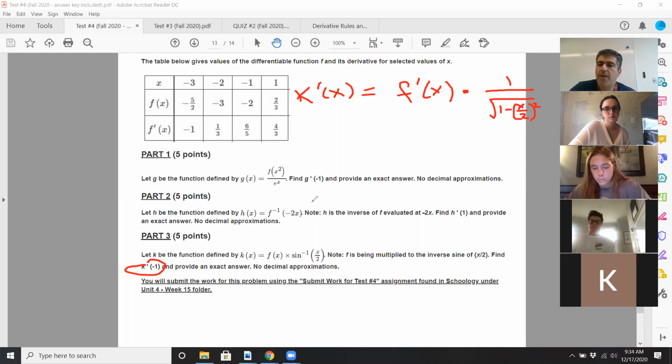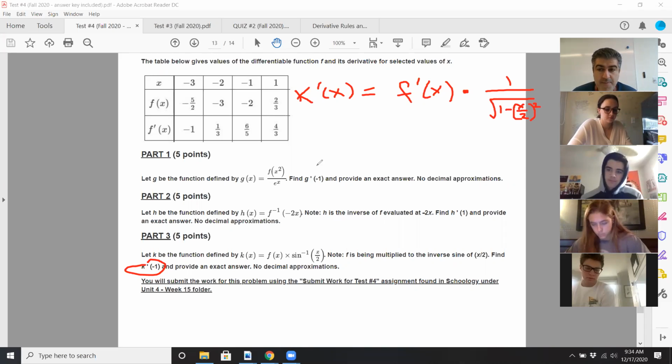Okay. And then you plug -1 in, and you worked it out. Two big errors. What are the two big errors that were made here? Forgot chain rule. And product rule. Thank you. Yep.